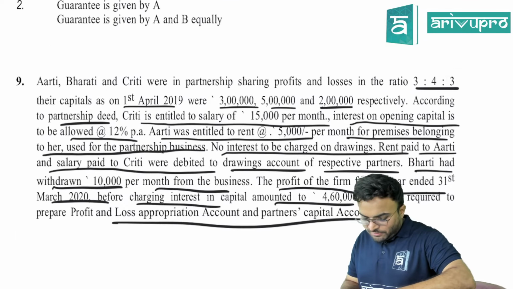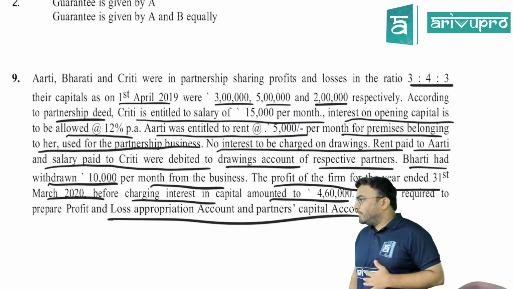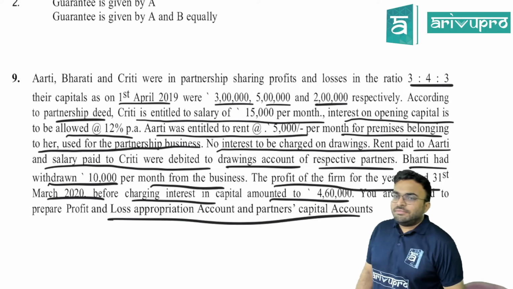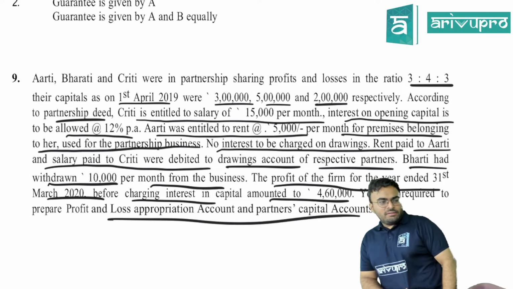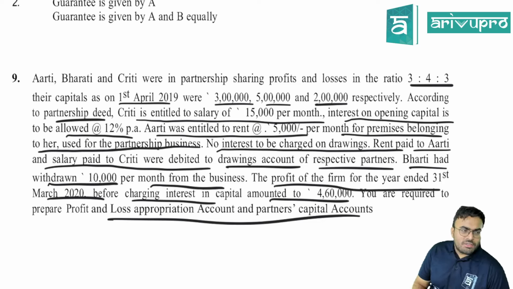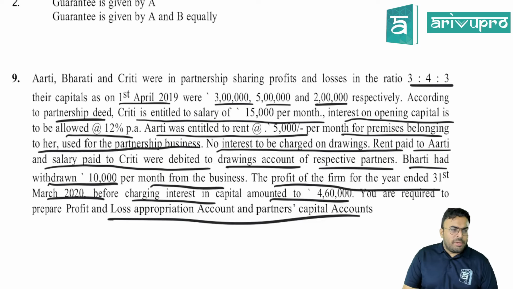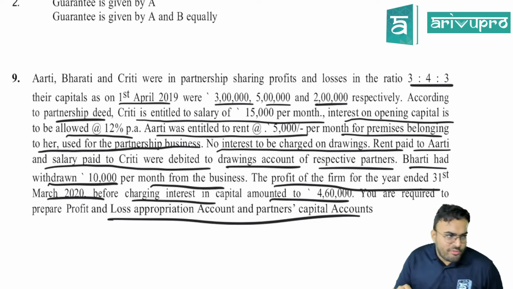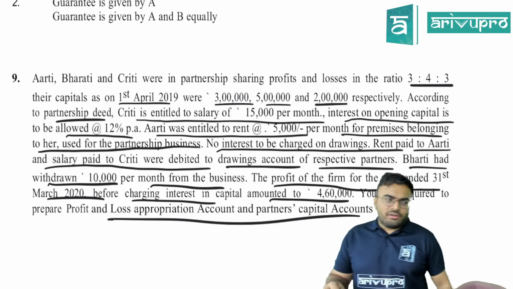Then we go into goodwill. Give it a try. They didn't ask you for the P&L appropriation account separately, but if you prepare it, you will distribute the profit the way it is distributed.